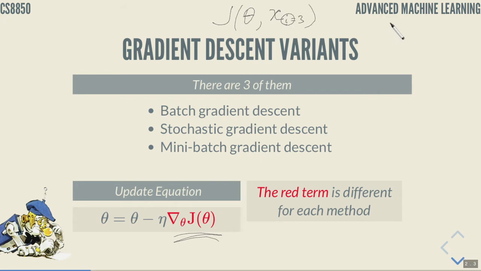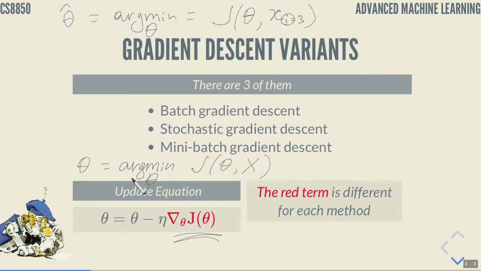And the optimum, this theta that minimizes this function, will be different from this theta.